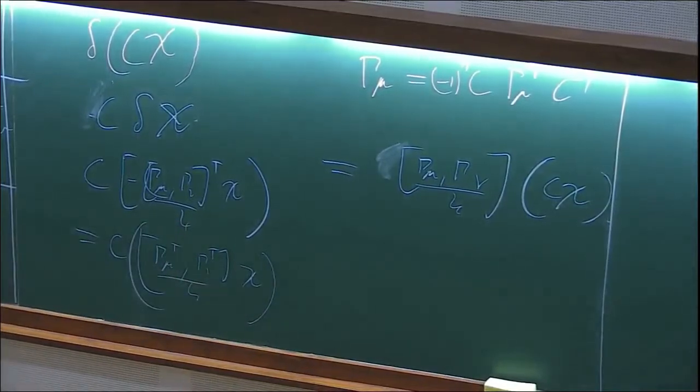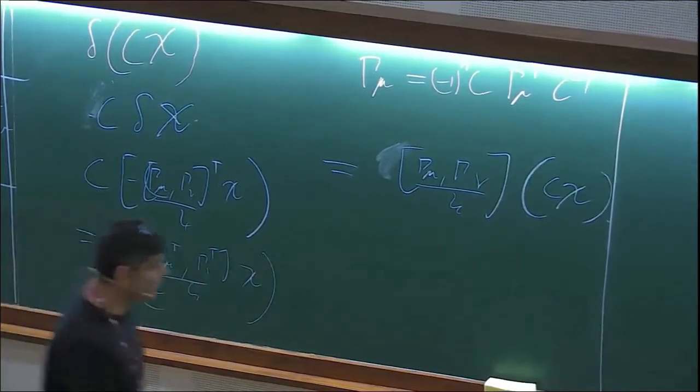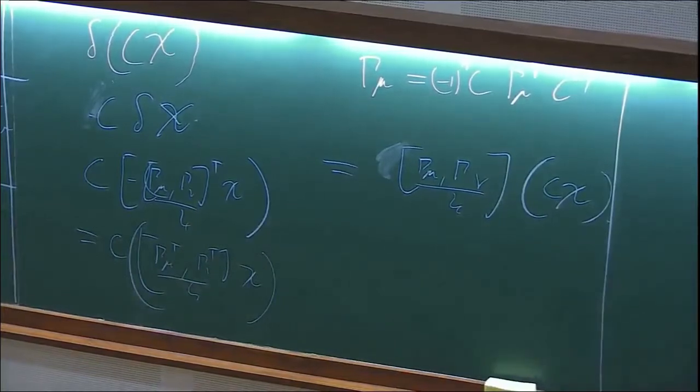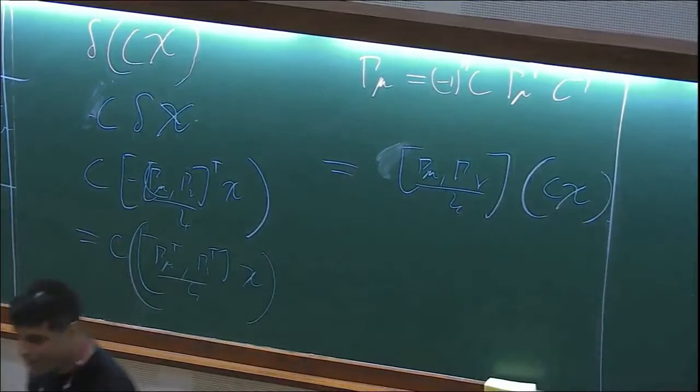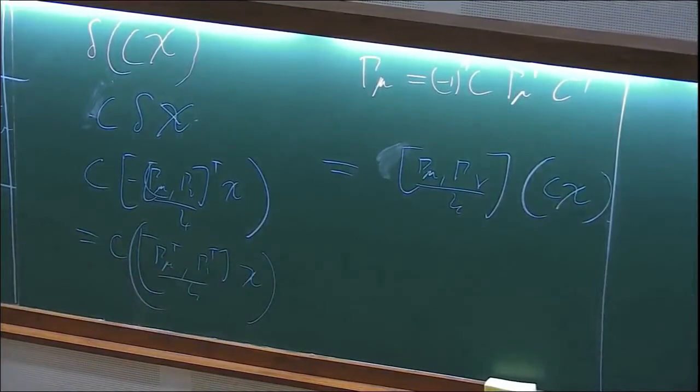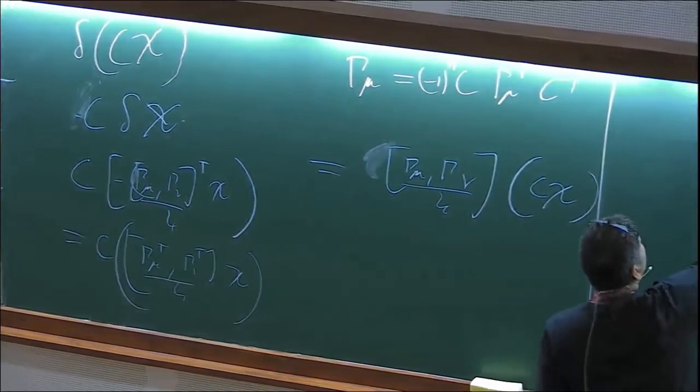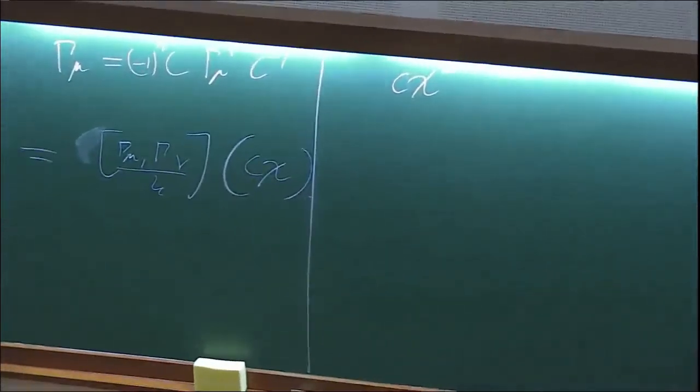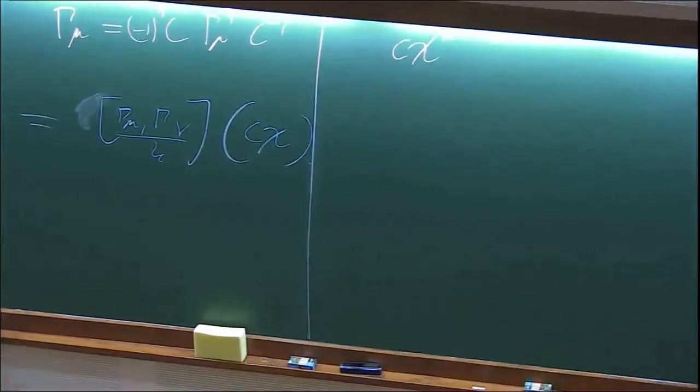Okay. Now I want to explain to you that if I have a spinor chi, I want to show you that chi star times C, where star means complex conjugate, also transforms like a spinor.